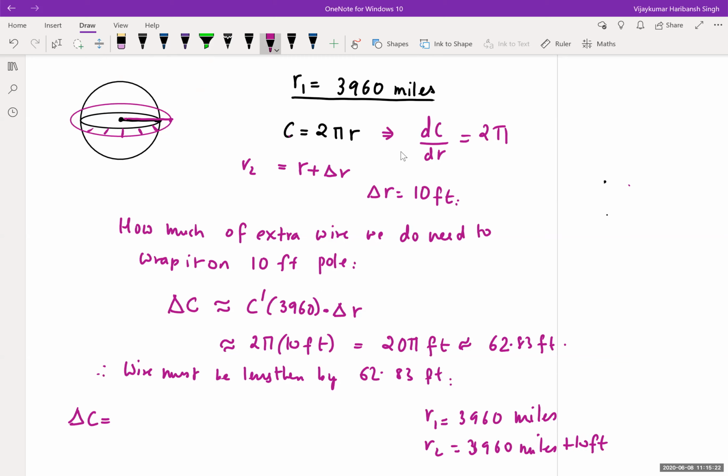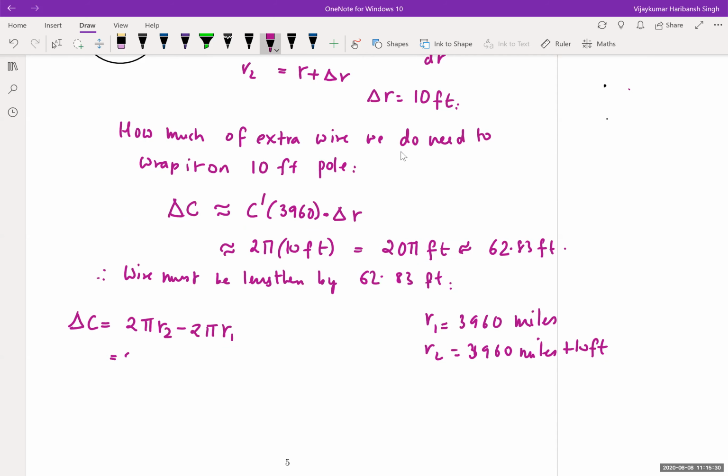So delta C is going to be 2 pi R2 minus 2 pi R1, which is 2 pi common, R2 minus R1. R2 is the same as R1 plus delta R, and then R1 is as it is.